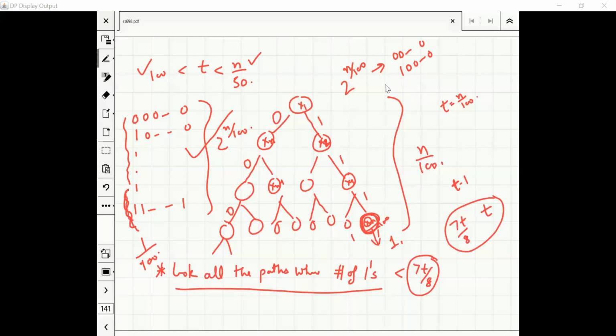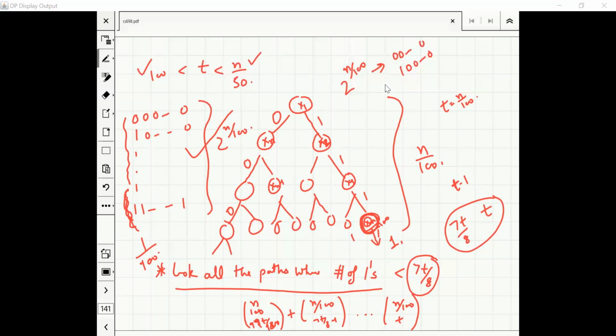These paths are n by 100 choose 7t by 8, plus n by 100 choose 7t by 8 minus 1, and so on, up to n by 100 choose t. And remember that the 7t by 8 I can make to be 99t by 100 or something, and this thing will become smaller and smaller.